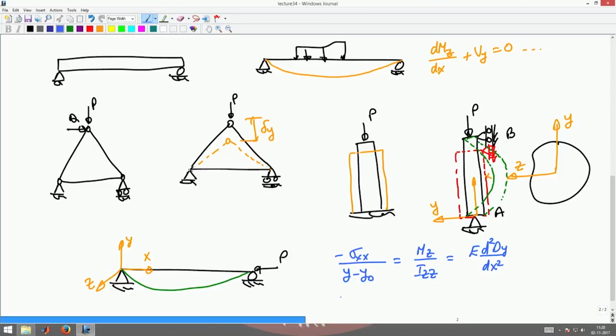Similarly, you had an equation minus sigma xx by z minus z naught equal to My by Iyy equal to E times d square delta z by dx square for bending along the z direction. Okay. So, basically, now if it were to bend like this, the equation has to hold from the equilibrium point of view and from the strain, displacement, strain, stress, equilibrium equation point of view.